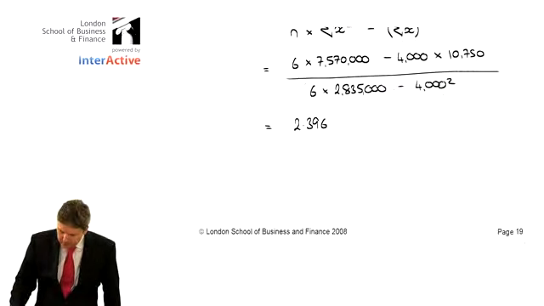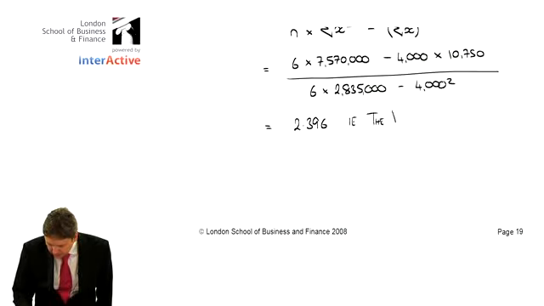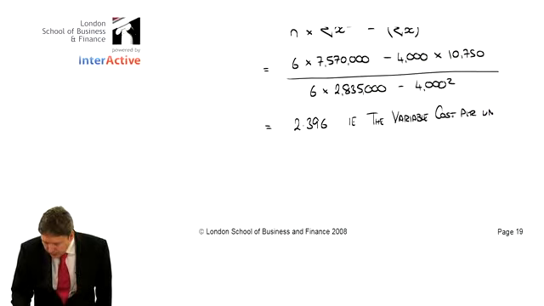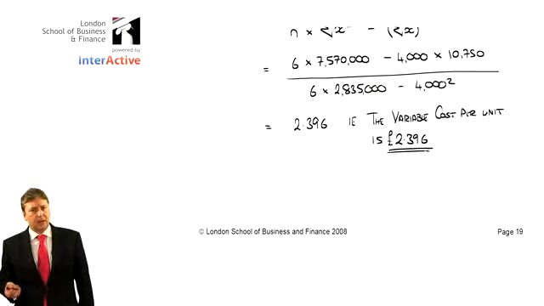So before we go any further, we could say something like this, i.e., the variable cost per unit is £2.396. That's what we're describing, the variable element.